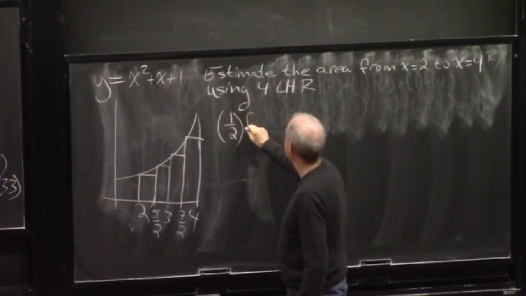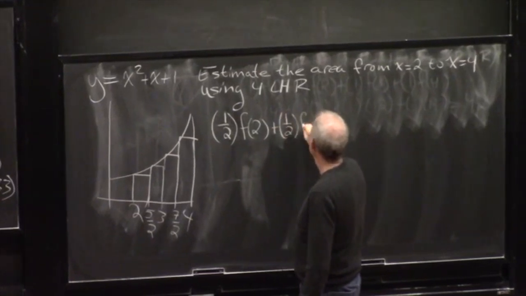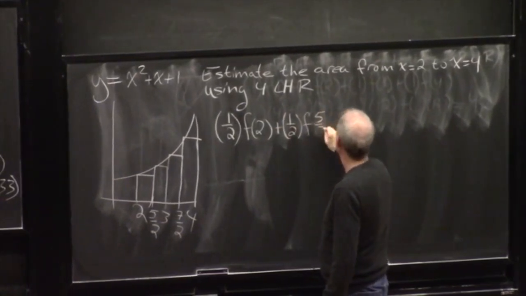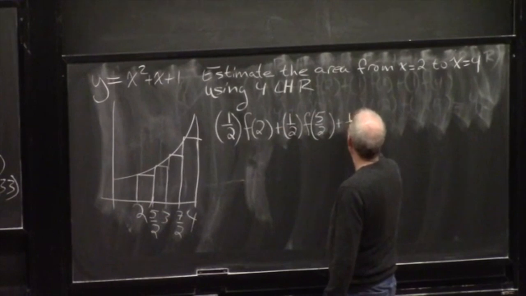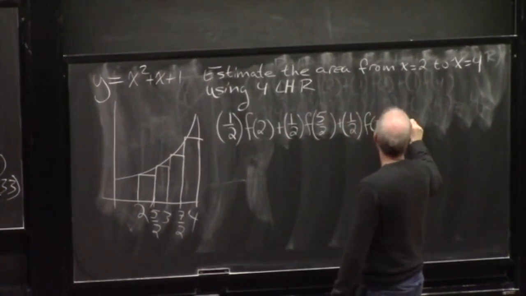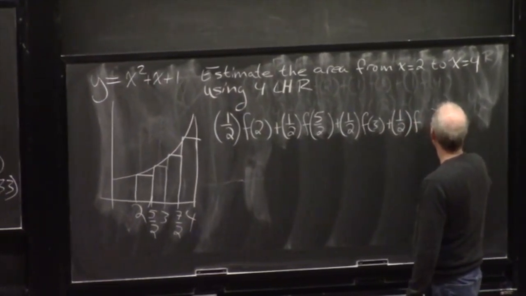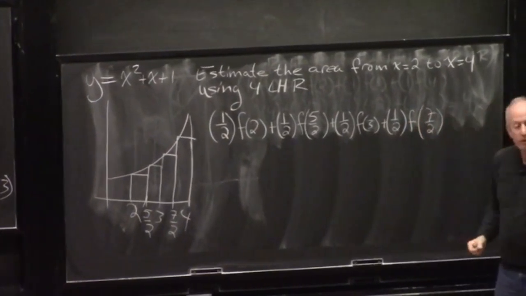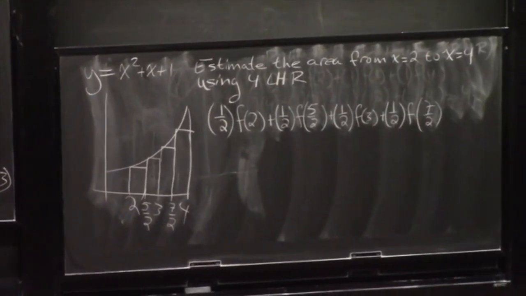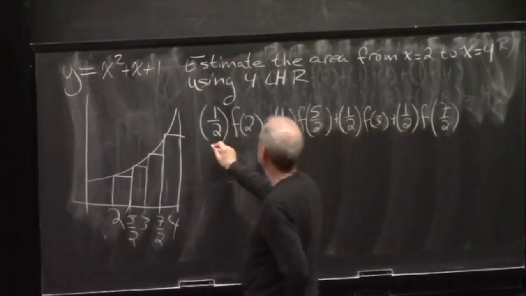So the width of each of these is a half. Then we have a half f at 2 plus a half times f at 5 halves plus a half f at 3 plus a half f at 7 halves. And what is f of 2?